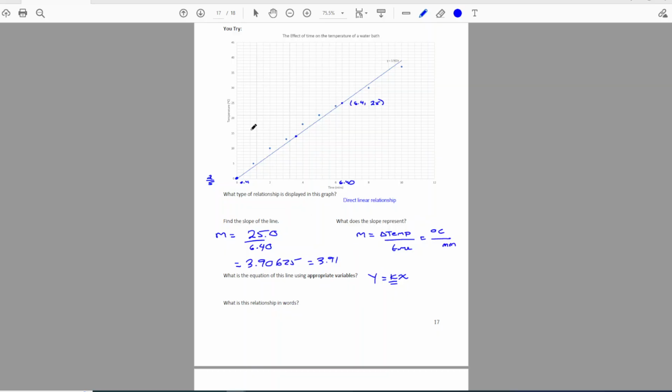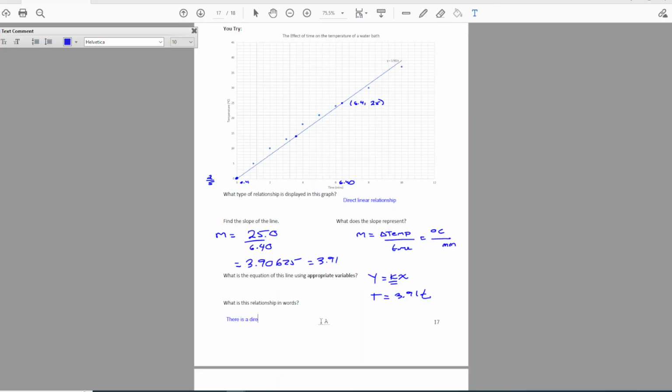My y variable is temperature, so I'm going to give it a T. My k value is 3.91, and my x value is time. Now I already have a capital T for temperature, so I'm going to use a little t for time. So my equation of my line would be temperature is dependent on time with a constant rate of 3.91. To describe this relationship in words, I'm trying to be very formulaic.